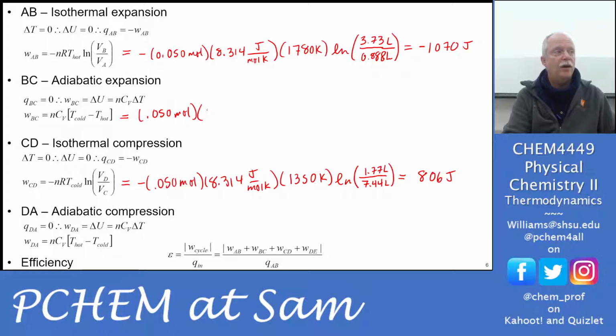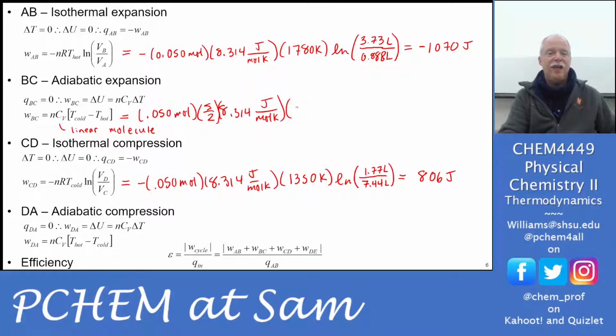CV, since it's a linear molecule, is what again? Good. So 5 halves R. Well, let's go ahead and write R out since we're doing the calculation. 5 halves times 8.314, and then T final minus T initial.